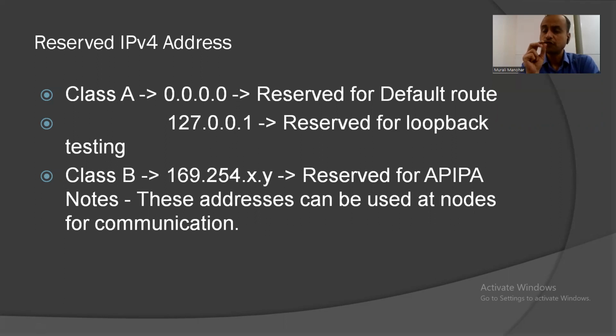And default route means, suppose you have to send data packets to a different network, or you can say the worldwide network. In that case, you must have routing information in your router for all the different networks present in the world.